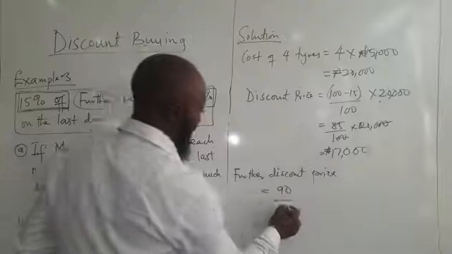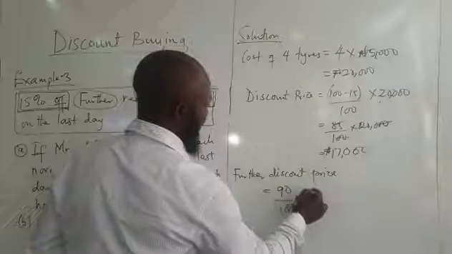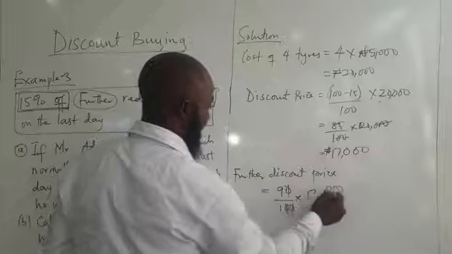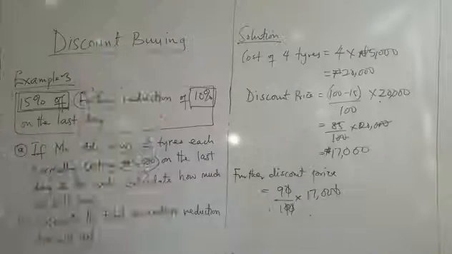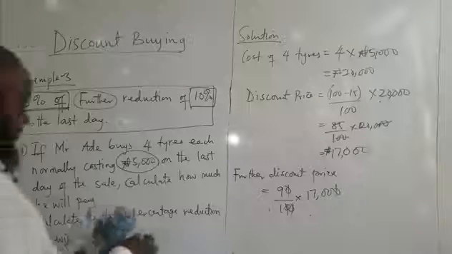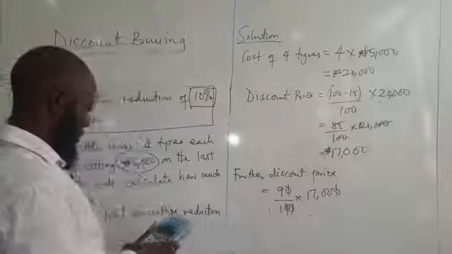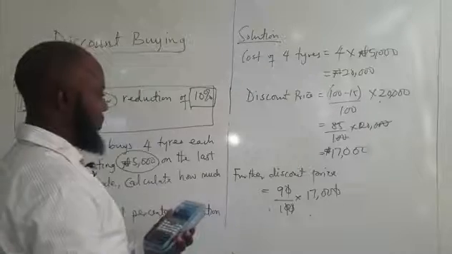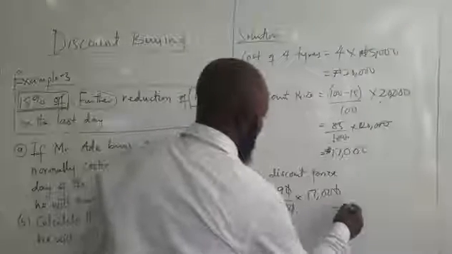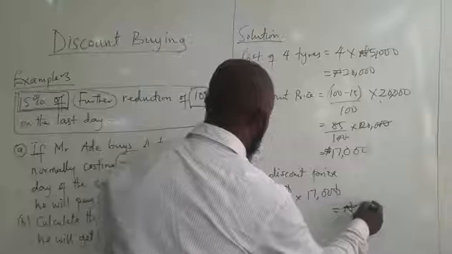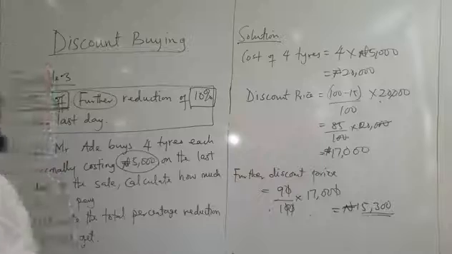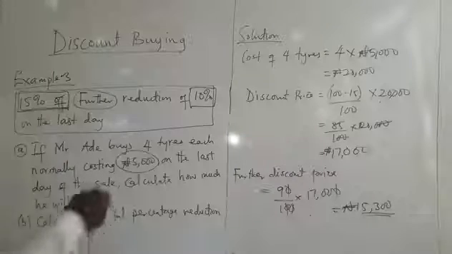So 90% of 17,000 naira. So the zeros cancel, that is 1,700 multiplied by 9. So the price is going to be 15,300. This is what he is going to pay. So that is that, that's for A.